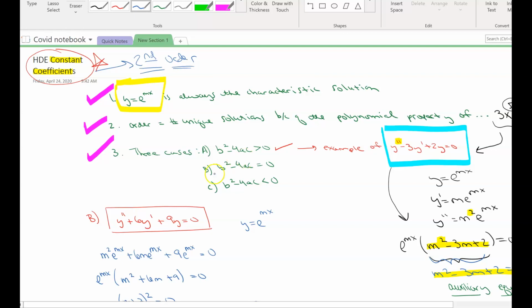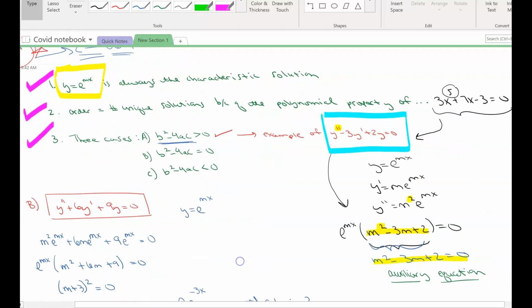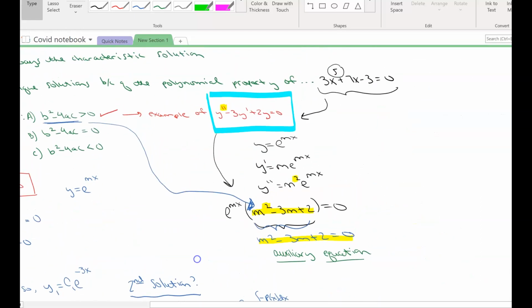All right, so there are 3 cases. If b squared minus 4ac is greater than 0, and by the way, make sure we understand, when I say b squared minus 4ac, I'm referring to the auxiliary equation, right? This quadratic that results, okay? If b squared minus 4ac is bigger than 0, we know that we have 2 distinct solutions.